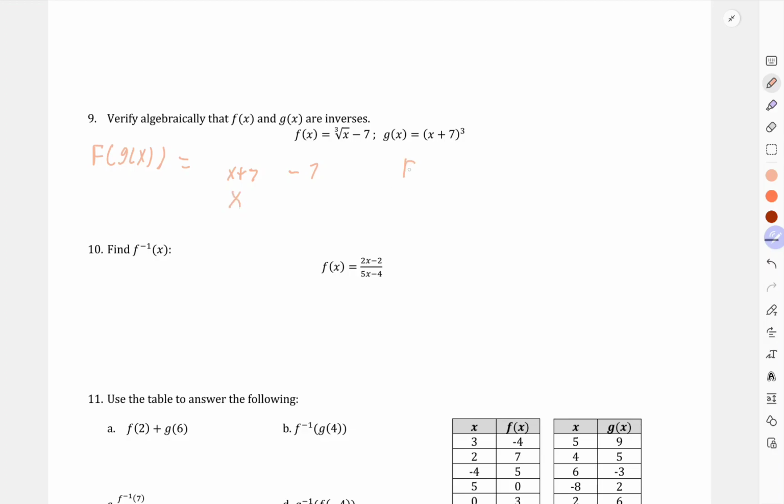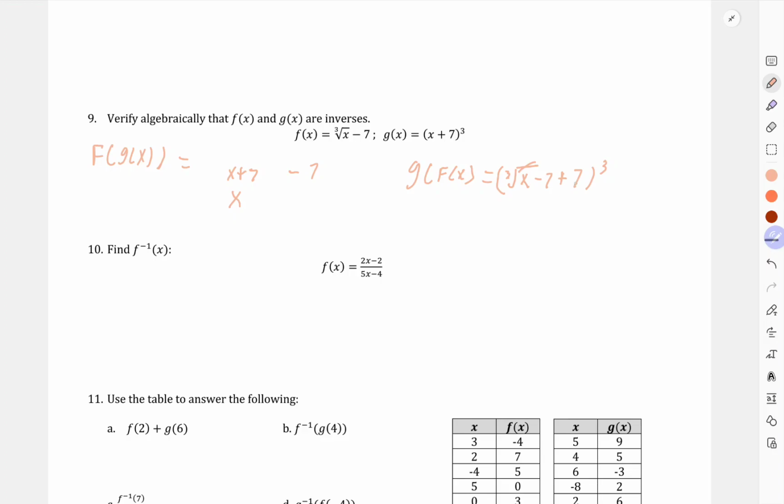Now it's g of f of x, which leaves us with the cube root of x minus 7 plus 7, to the power of 3. Okay, this cube root cancels. Well, that only cancels for the x though.